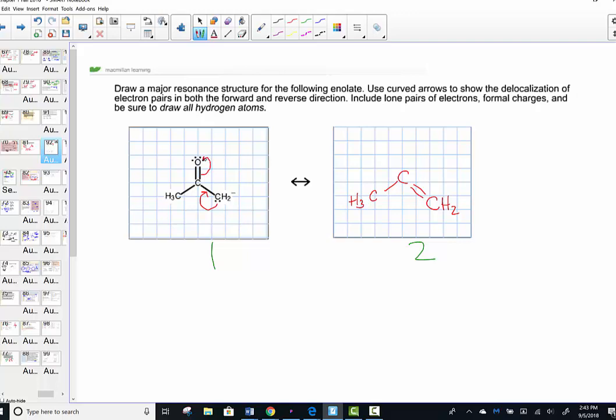So we have to develop a negative charge somewhere. Remember, the molecule must retain the same overall charge, which was -1. So I'm going to take what used to be the double bond, take those pairs of electrons that are forming a bond and make them lone pairs. And there's my formal charge now on the oxygen as a -1.